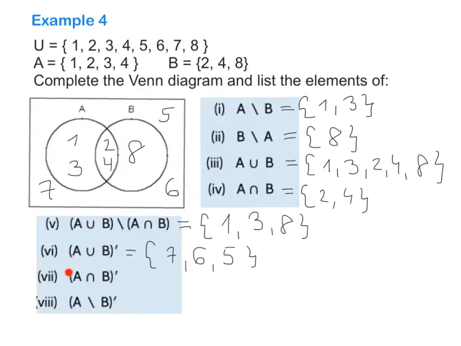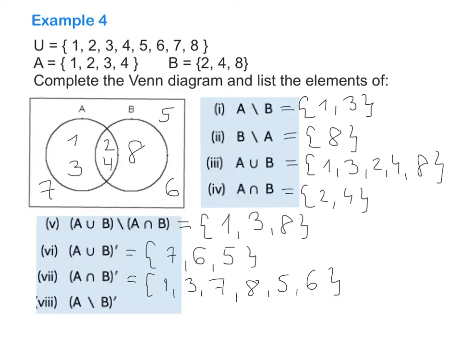The next one, everything outside the intersection. So the intersection is here, 2 and 4. And we need to list all the elements outside the intersection. So we have 1, 3, 7, 5, 8 and 6.